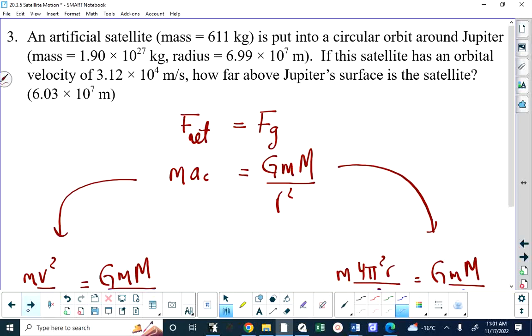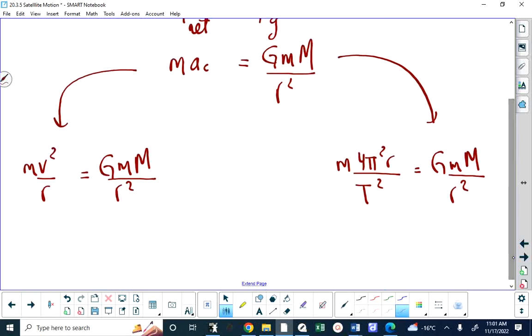So I'm not really too interested in using the formula on the right because, one, it doesn't have speed. Two, it has period instead. Could I use a different formula maybe to find the period from the speed? Well, no, I can't.